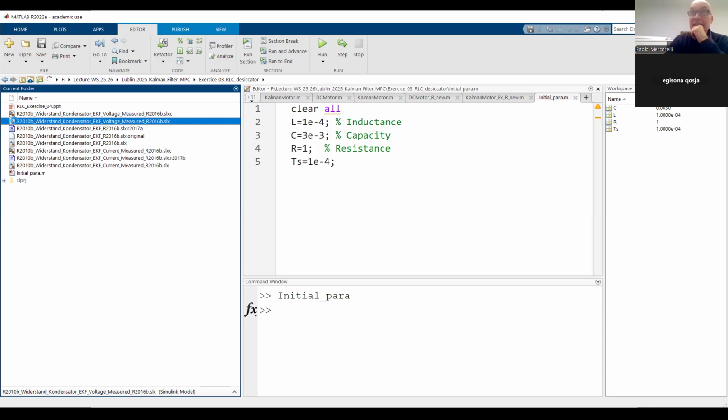You can see also in your case, you have, I think, voltage measured and current measured, right? To simulate in my study. We can open one of them, for instance, voltage measured. One second, I need time. And then we discuss the results together with the implementation, of course.